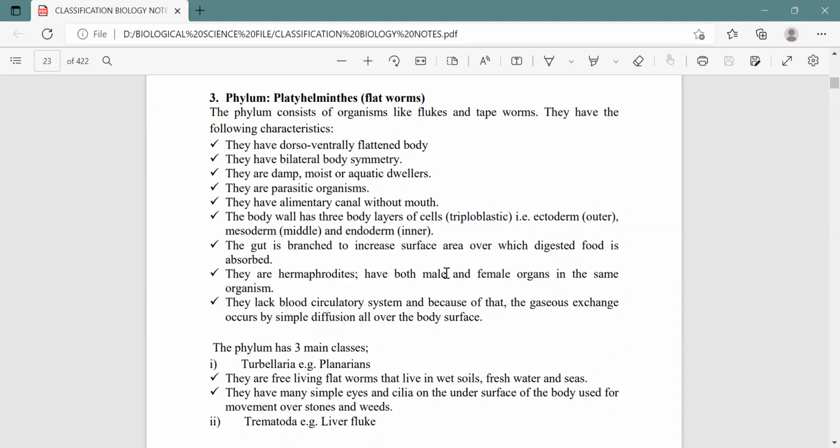They are hermaphrodites. They have both male and female organs in the same organism. They lack a blood circulatory system. Therefore, gas exchange occurs by simple diffusion all over the body surface.